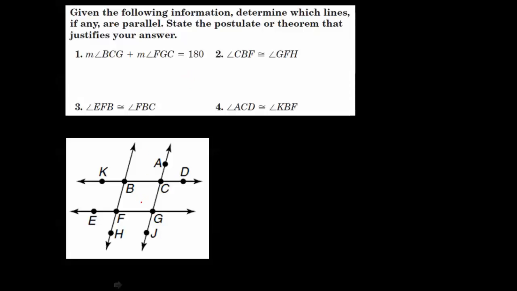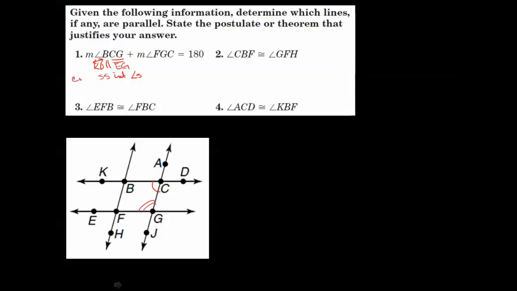And I went over this one in a recording, but if I looked at the measure of angle BCG, which is this one, and then FGC, which is this one right here, that proves that KD is parallel to EG, and that's because of the same side interior angles.